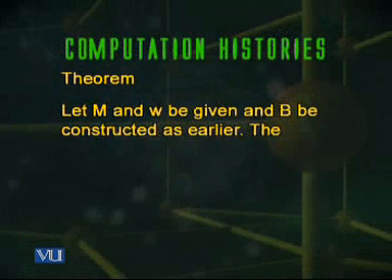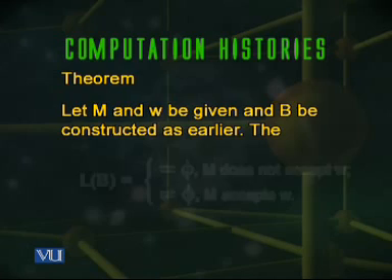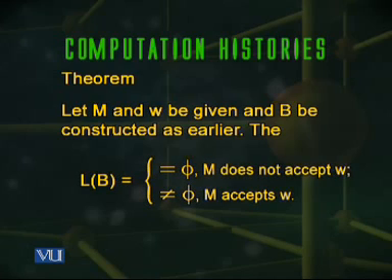What does this linear bounded automata do? Let M and W be given and B be constructed as we have specified. Then the language of B is going to be empty if M does not accept W, and it's not going to be empty if M accepts W. Why is that the case? Well, B only accepts computation histories of M on W. So if M does not accept W, no one can ever write an accepting computation history of M on W. There aren't any, and therefore the language of B is empty.